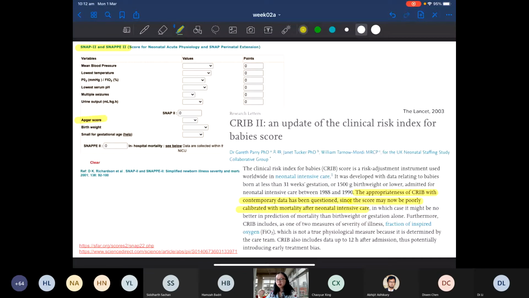So as neonatal intensive care become more commonplace, the probability estimates for the original CRIB seem sort of inaccurate. So this goes back to the point that, yeah, when there is a distribution shift in the data, the model needs to be reconsidered or monitored constantly.